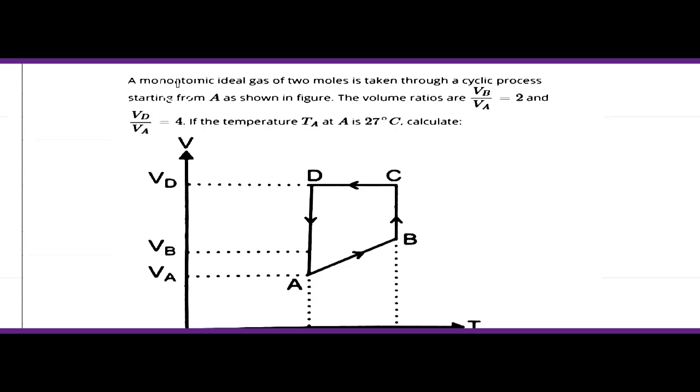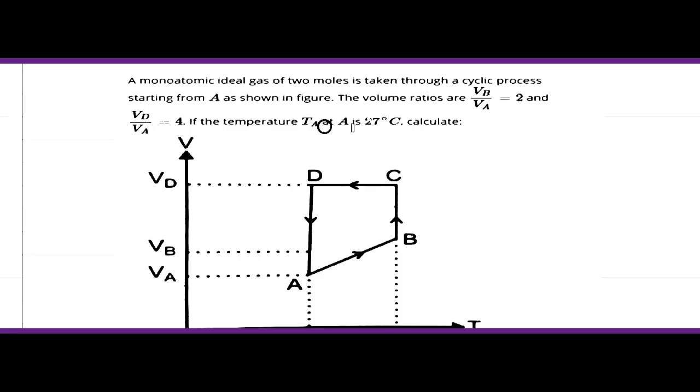The question is: given a monoatomic ideal gas, 2 moles is taken through a cycle process starting from A as shown in the figure. The volume ratio VB upon VA is 2 and VD upon VA is 4.